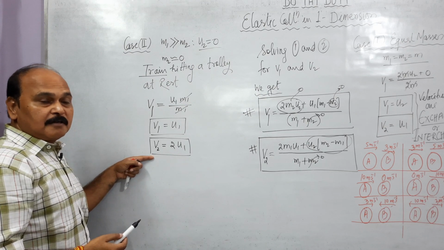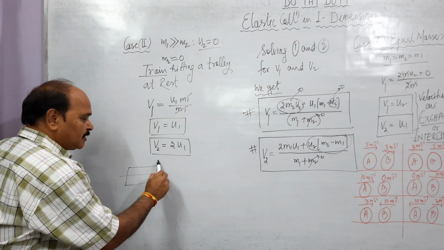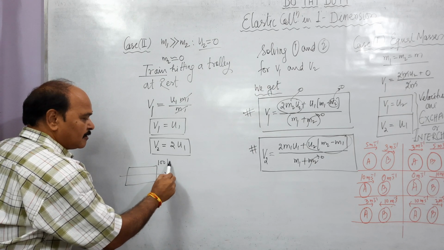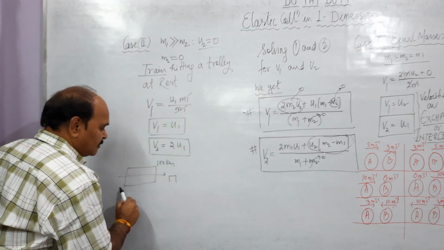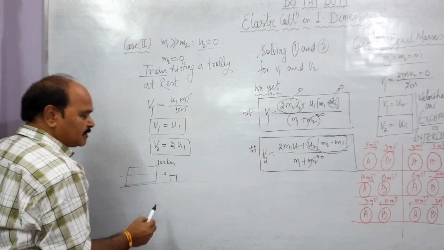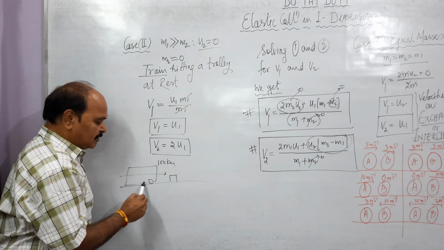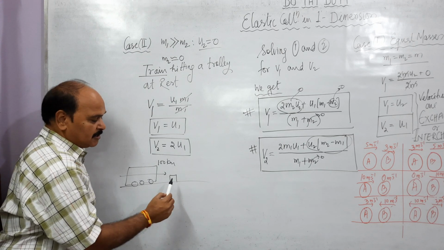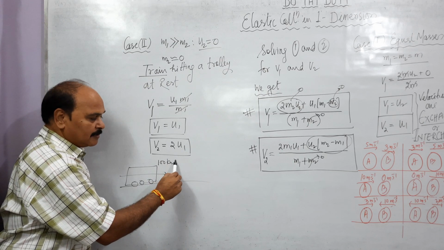train. That means if a train moving with a velocity of say 100 km per hour strikes a trolley over its track, what happens? The moment the train hits the trolley, the velocity of the train remains 100 km per hour.